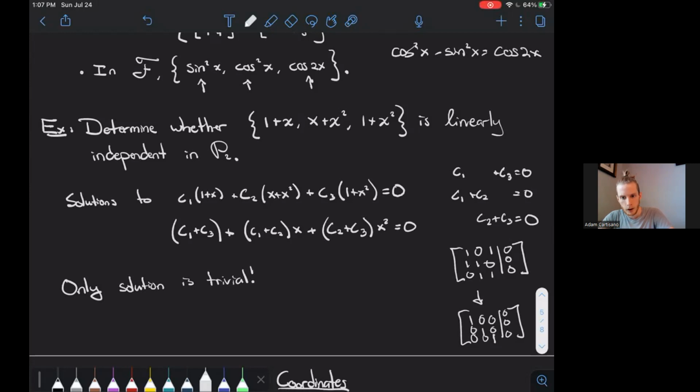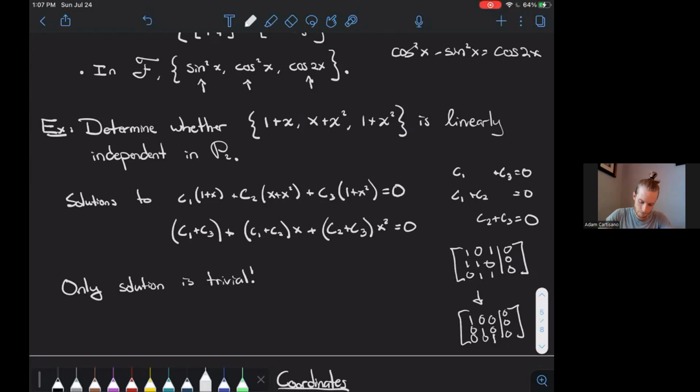In other words, C1 plus C3 equals 0, C1 plus C2 equals 0, and C2 plus C3 equals 0. The only real numbers C1, C2, and C3 that satisfy all three equations simultaneously are 0, 0, 0. But that's the trivial solution, and we already knew that would be a solution. However, because it's the only solution, we say the vectors are linearly independent.